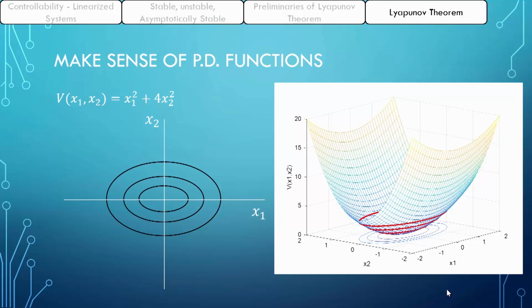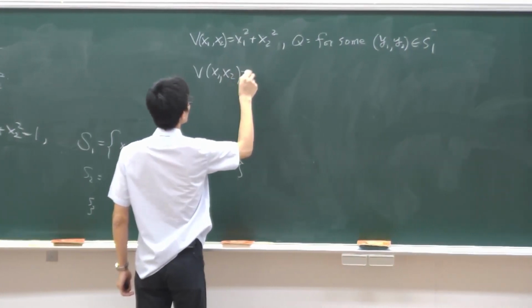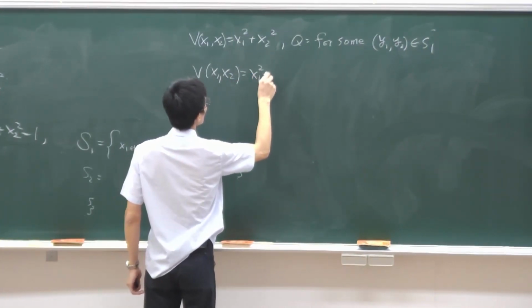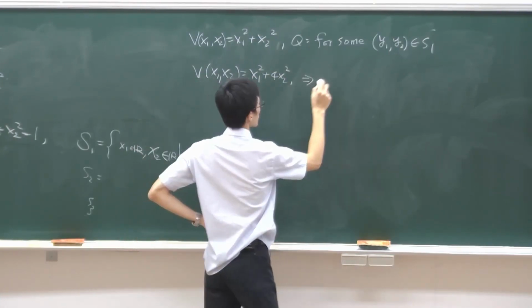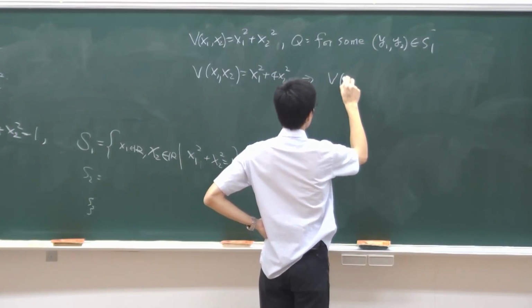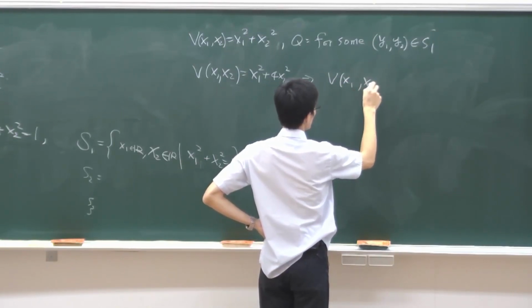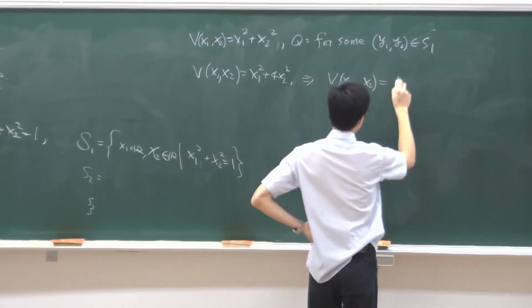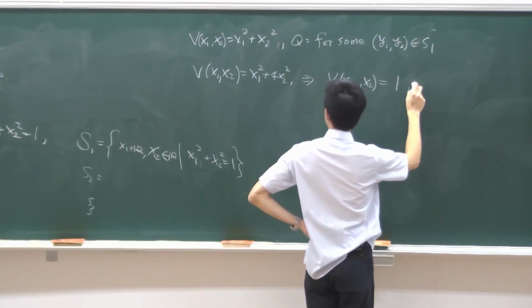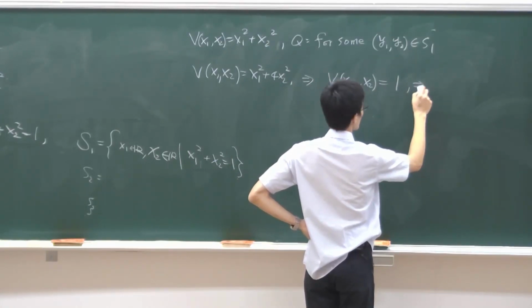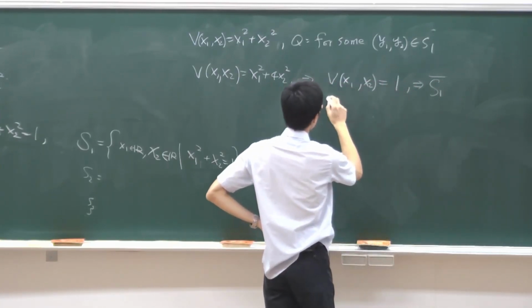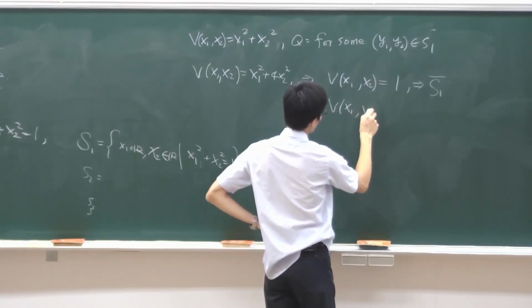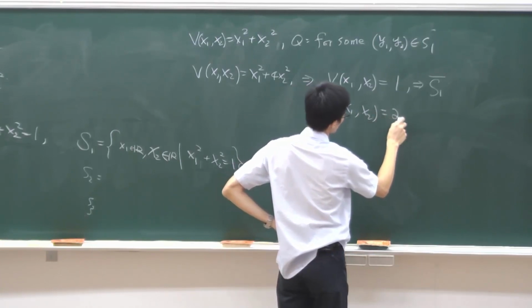let me write down, V of x. Again, let's define a level set. For this to be 1, I say there's a level set S1, V of x1, x2, which equals 2.